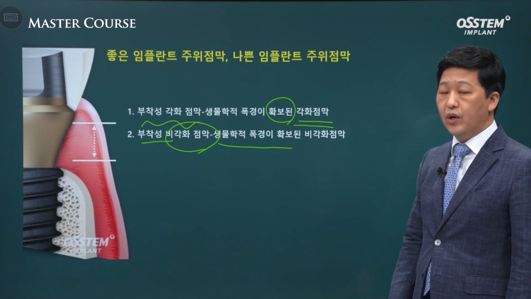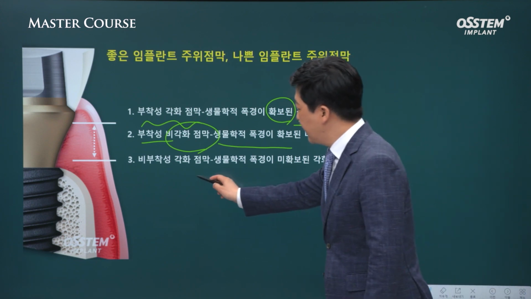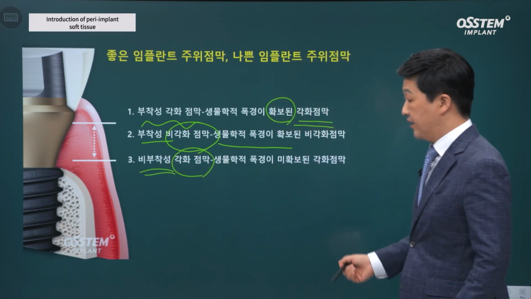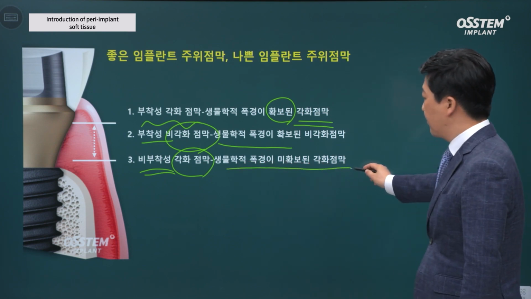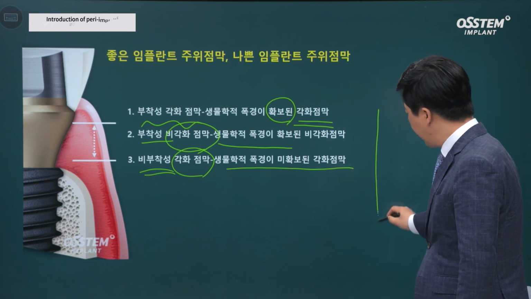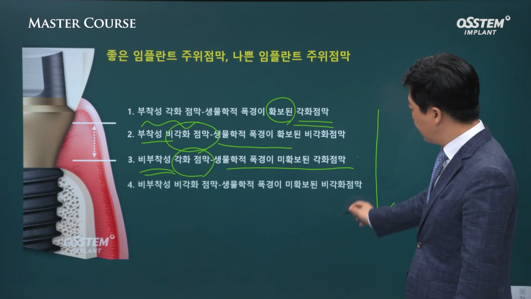This is the second best case. Third, there is a keratinized tissue, but it is not attached. Biologic width is not secured, but there's a keratinized mucosa, and there's that much higher possibility of bad prognosis.